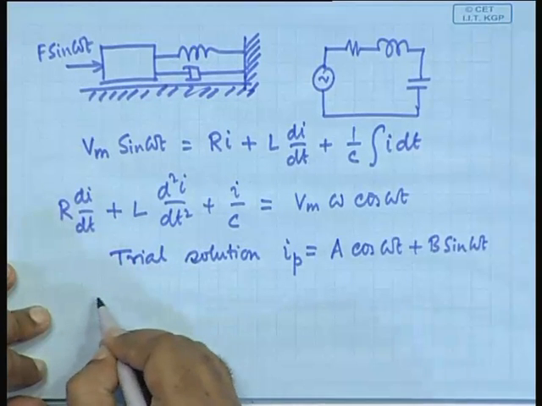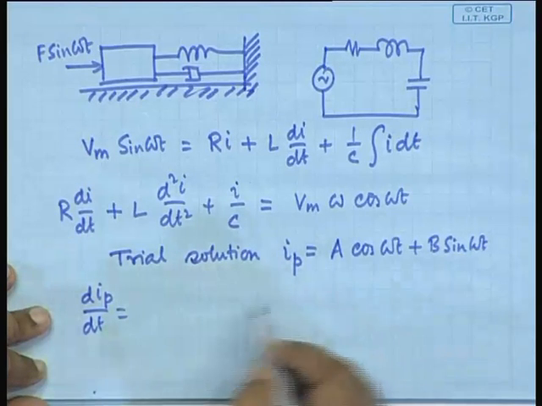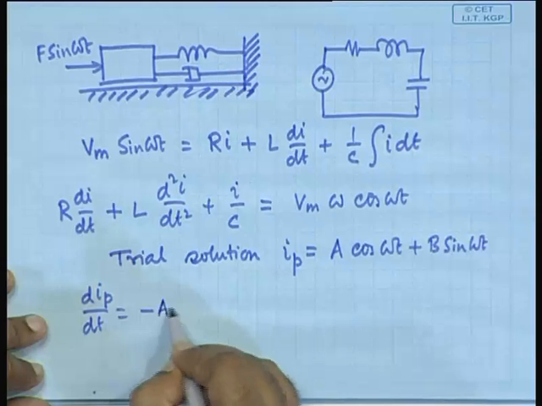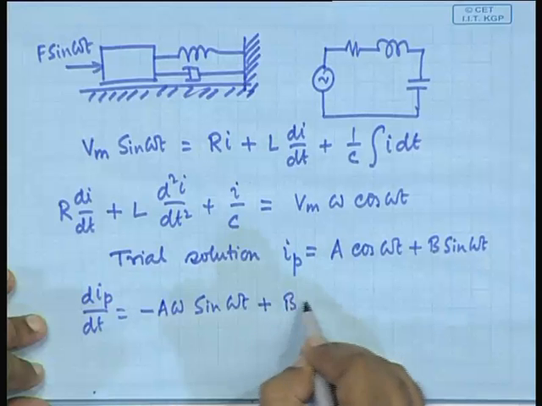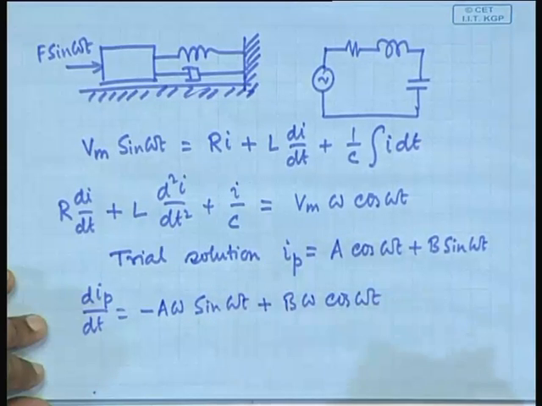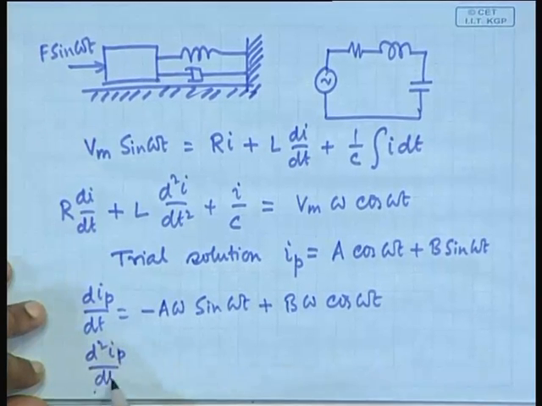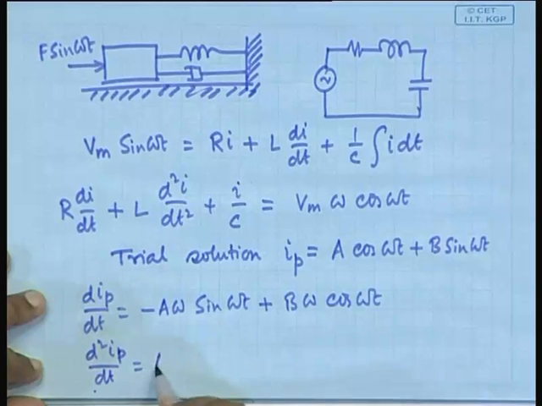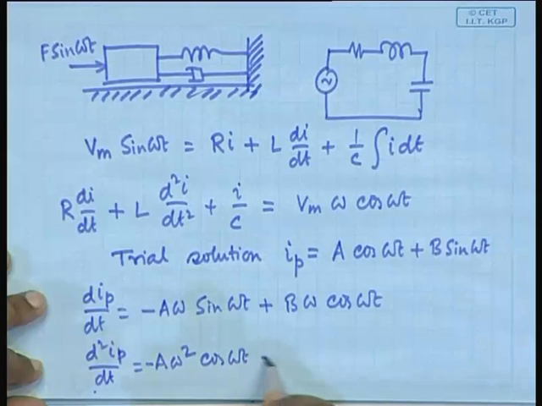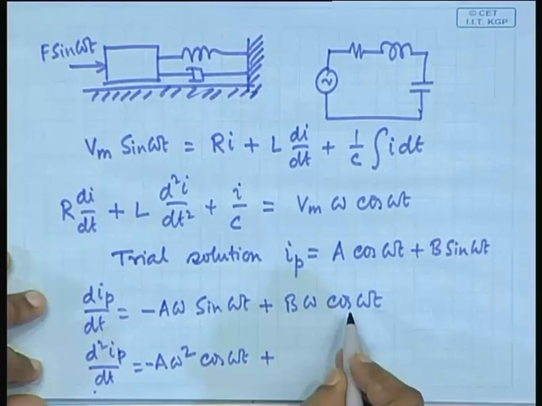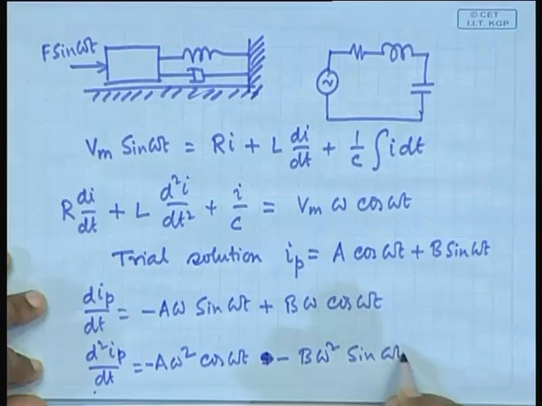So, your dip dt is minus a omega sin omega t plus b omega cos omega t, and d2 ip dt is equal to minus a omega square cos omega t minus b omega square sin omega t.